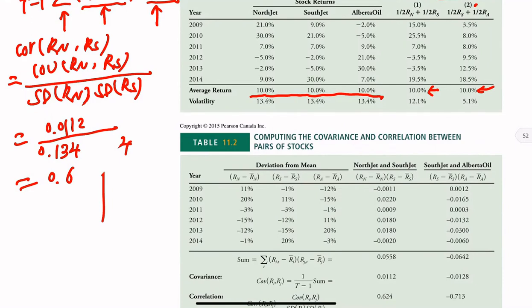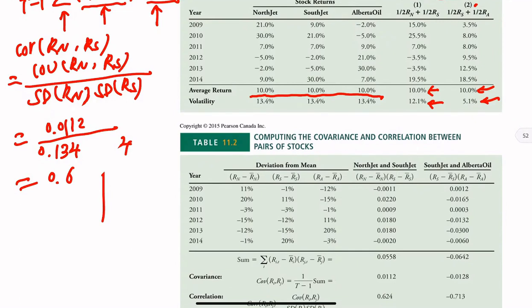However, what you can see here is you have different volatilities, right? So if you combine SouthJet and Alberta oil, you will be better off compared with the first portfolio. The second portfolio is better because you have a lower volatility. It is less risky, right? So why do you get this result? Well, as I said, we have not formally talked about this.